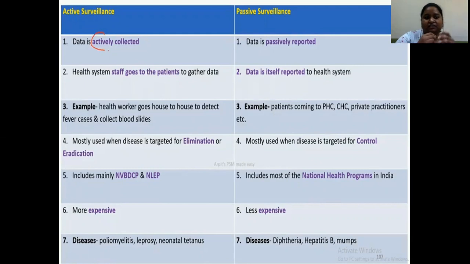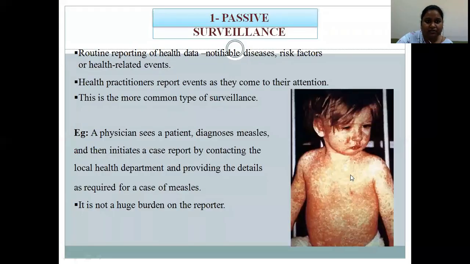The active surveillance is more expensive than the passive. For diseases, examples of active surveillance are poliomyelitis, leprosy and neonatal tetanus. Examples of passive surveillance are diphtheria, hepatitis B and mumps. These are some surveillance examples.